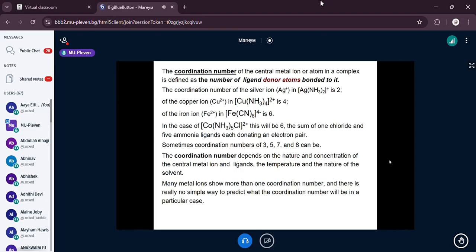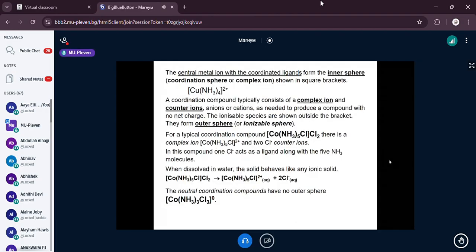Nature, concentration of central metal ion and ligands, temperature, concentration, nature of solvent, etc. Another term we have to introduce today: inner sphere, also named coordination sphere or complex ion.